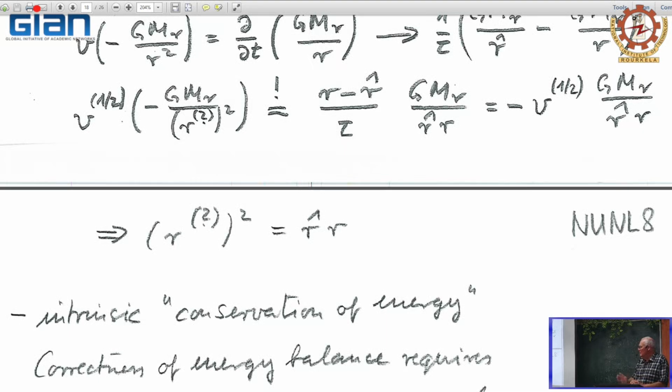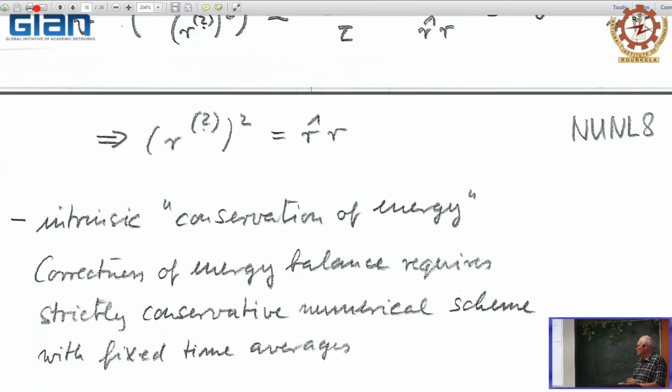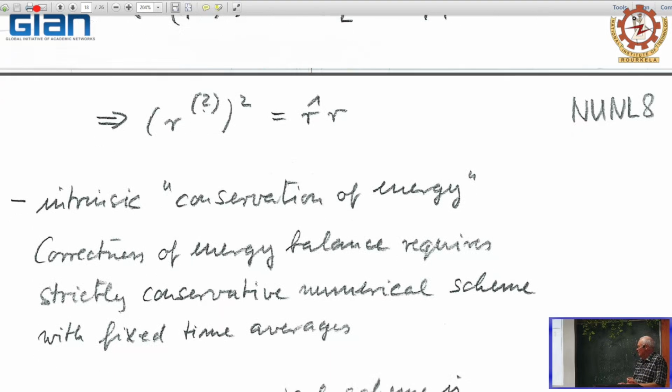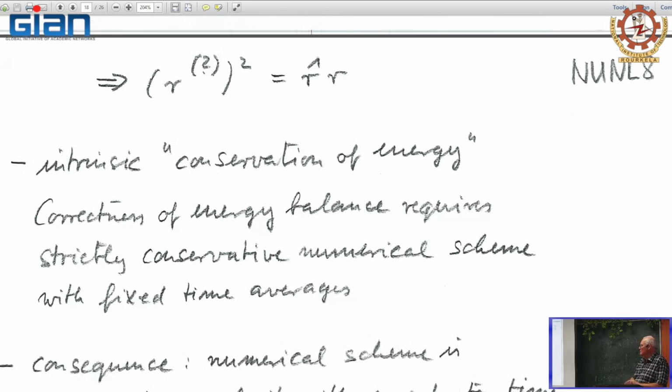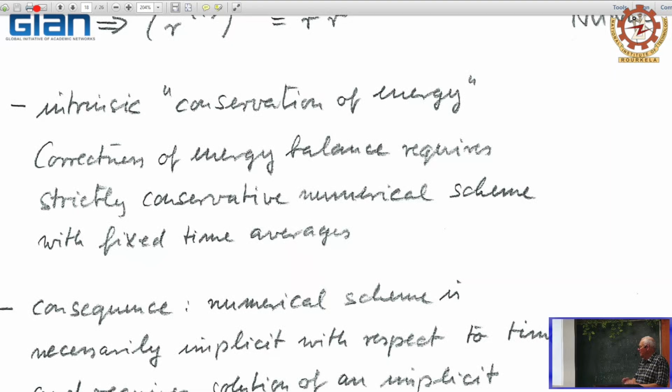Well, if we perform the construction of the scheme in that way, then we have intrinsic conservation of energy, and the energy balance will be satisfied intrinsically. Then we end up with a strictly conservative numerical scheme with those fixed time averages. What does it mean?